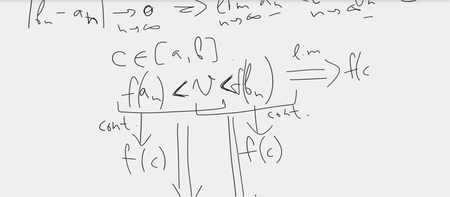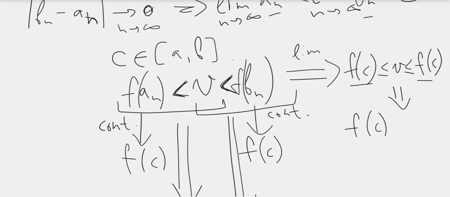So f of c is less or equal than v, less or equal than f of c. And because on the left and on the right is the same thing, we conclude that f of c is exactly equal to v. And this concludes the proof, because we found the point c that satisfies what we need to prove.